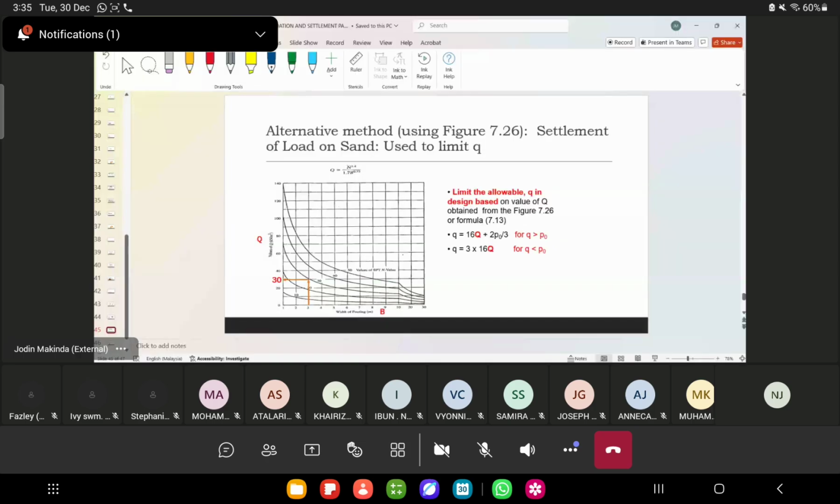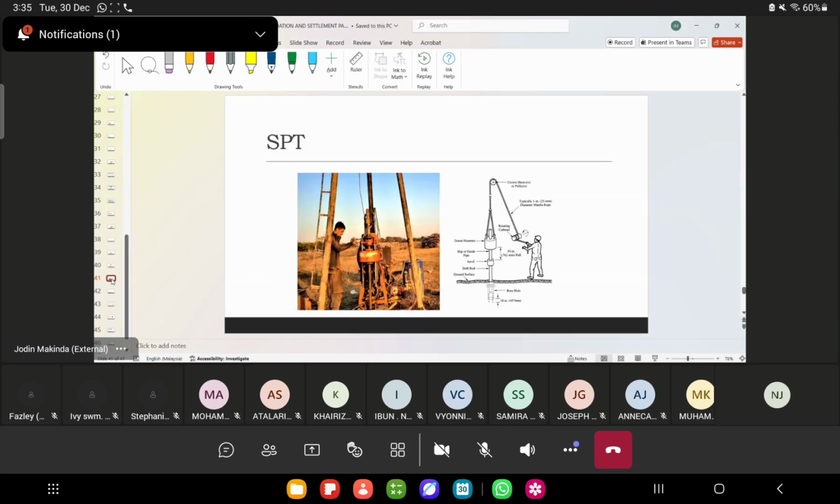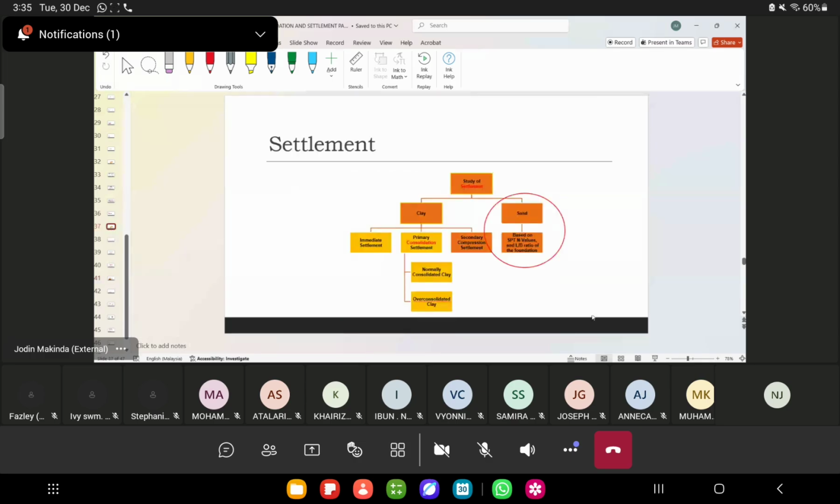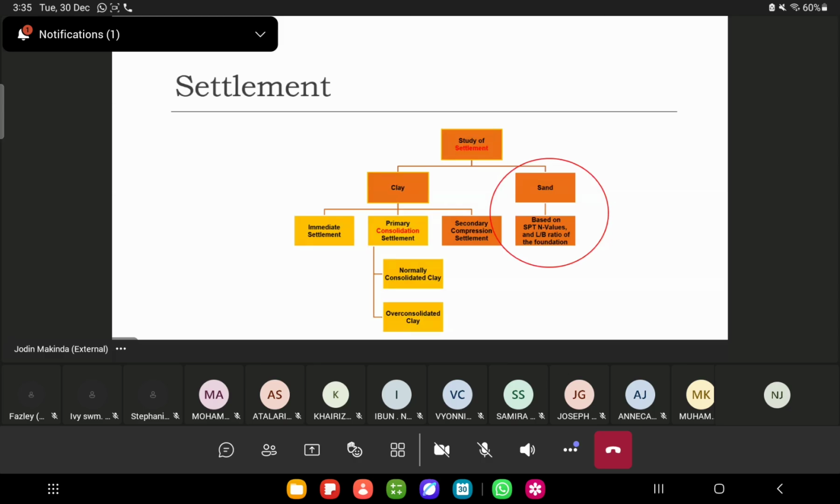All right. So that is the final of our topic today. So in conclusion, today we have covered the study of settlement.